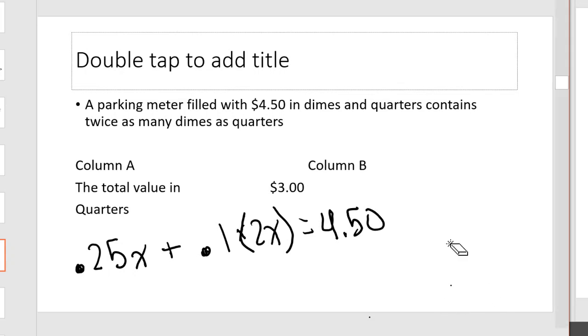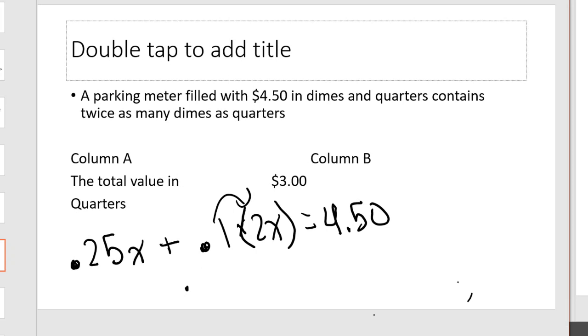So you have 0.25X plus 0.1 times 2X is equal to $4.50. Then I'm going to solve this equation. If I multiply the 0.1 times 2X, I'm going to get 0.2X.